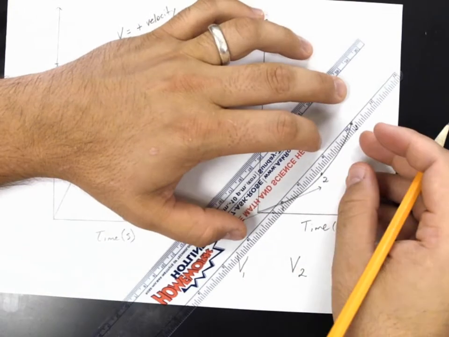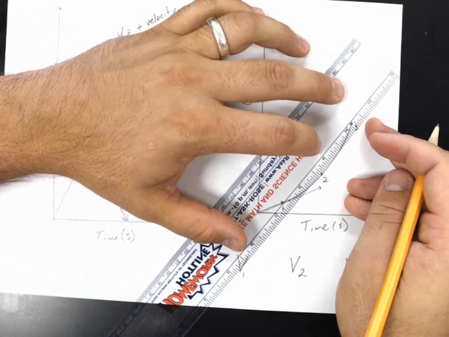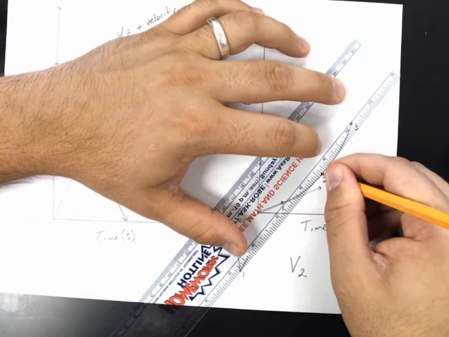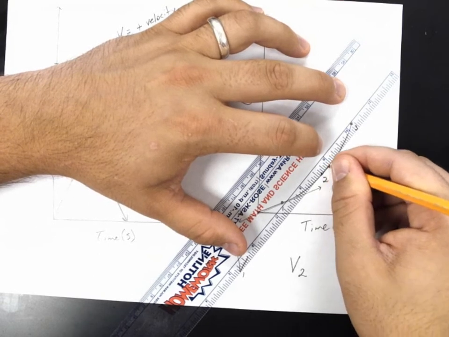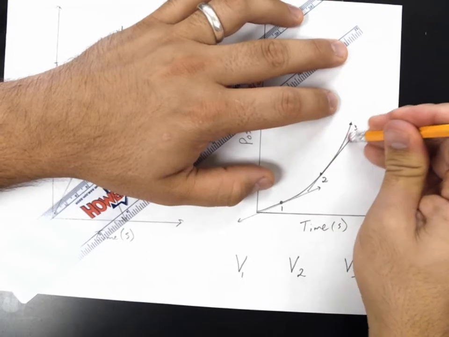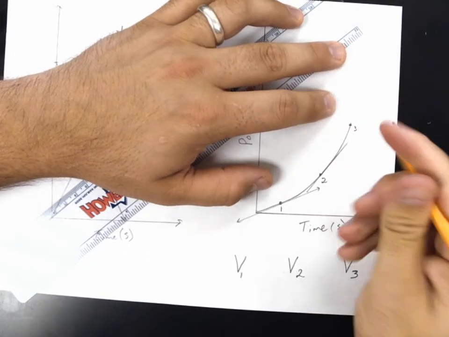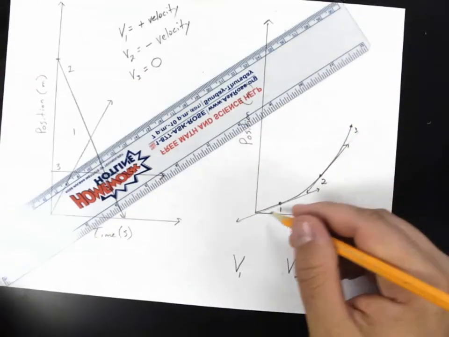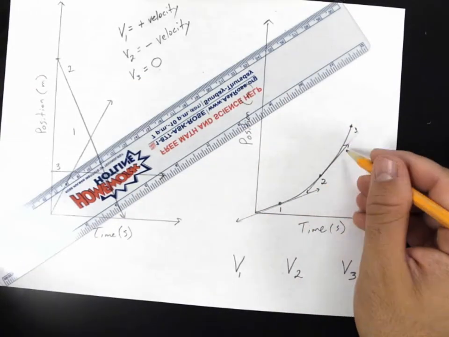Now let's look at point 2. We try to find our tangent line, try to touch it only at one point. It's kind of hard, but you get used to it after a while. There's our second line. I know this is going to be a little bit messy of a graph. There's our second slope. Now, you can see that this slope is shallower than this slope.